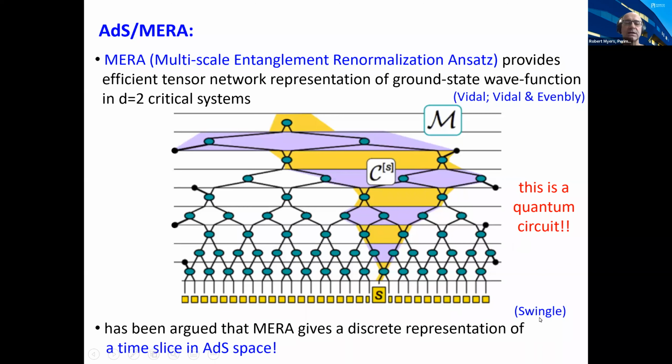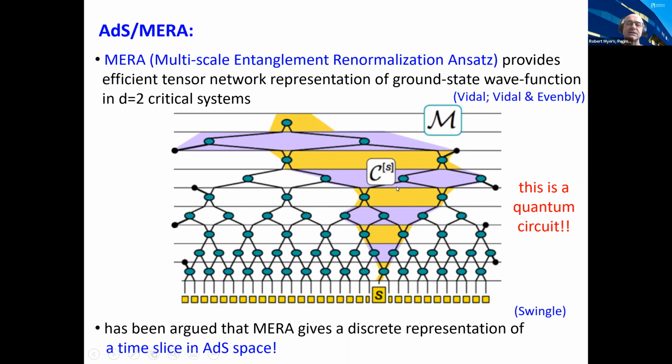Now, Brian Swingle realized that there's an interesting structure here that's really geometrizing the entanglement of this state down here. He argued, using arguments of entanglement entropy, that this is really a discrete representation of a time slice of the AdS space.